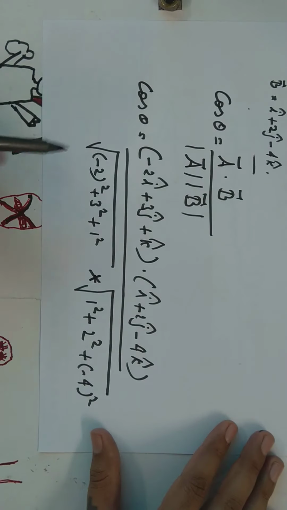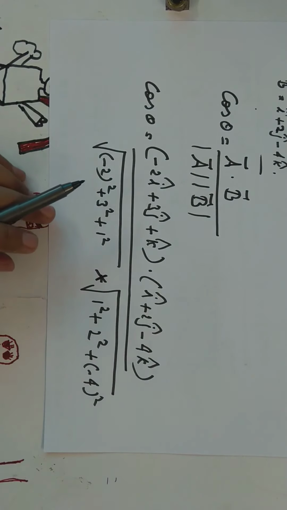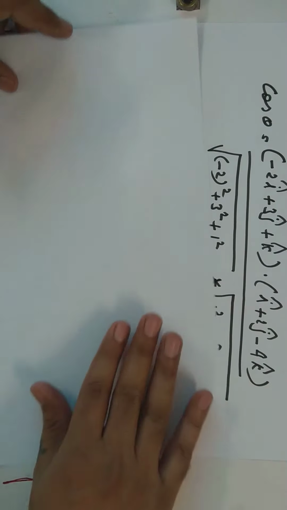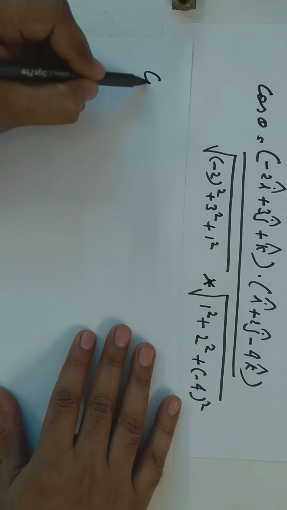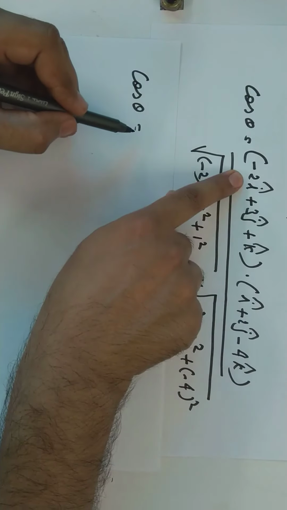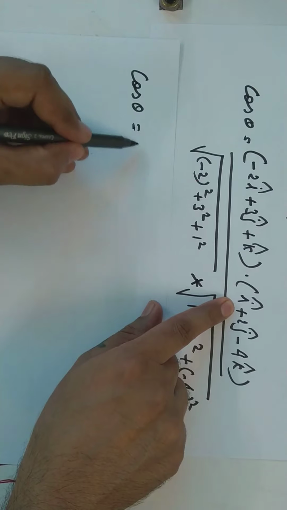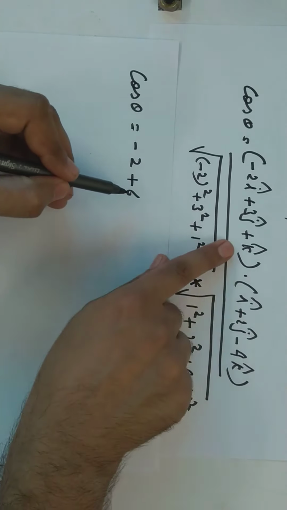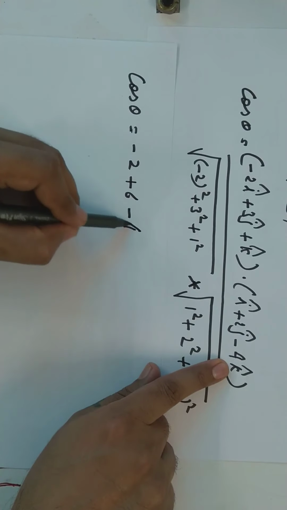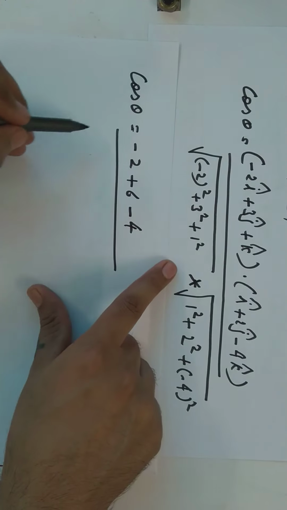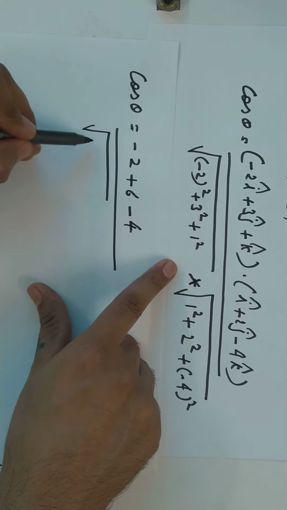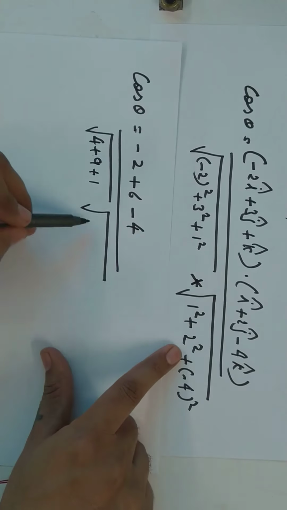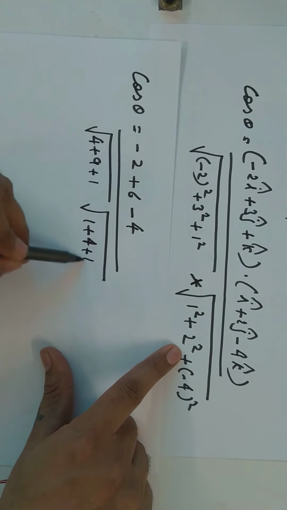Okay, so we solve it. So cos theta is minus 2 into 1, minus 2, 3 into 2, plus 6, 1 into minus 4, minus 4, whole divided by 2 square 4 plus 9 plus 1, 1 plus 4 plus 16.